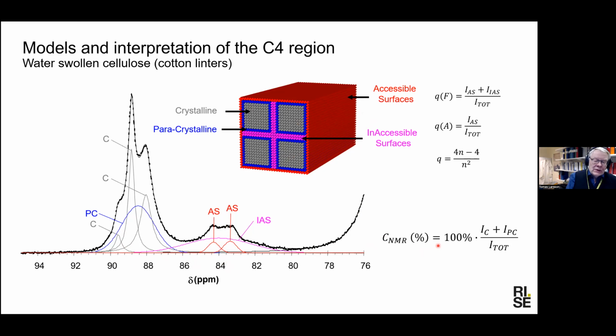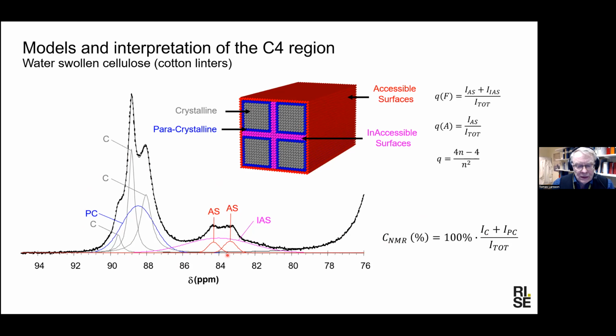And based on that, we can determine the degree of crystallinity based on an NMR spectrum like this. And that is effectively also related to the surface to volume ratio, because the number of polymers sitting on the surface is basically the fraction of the material that is not crystalline. So we can get lateral dimensions and degree of crystallinity from just doing the spectral fitting this way that we have shown here.